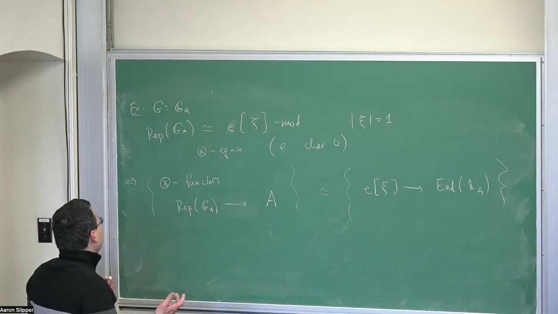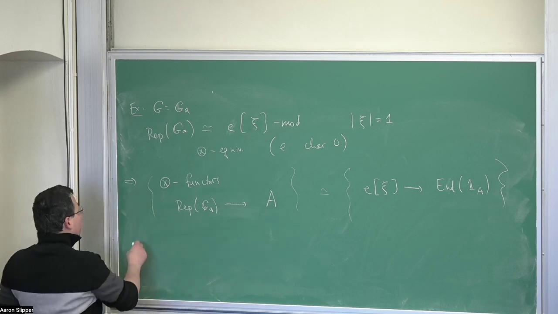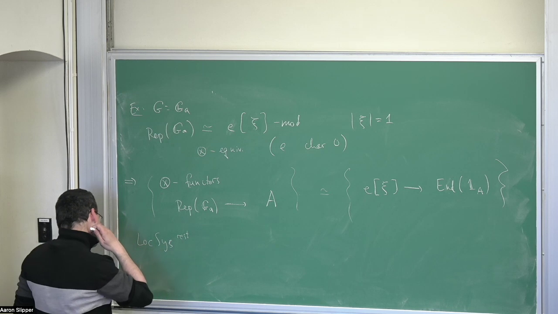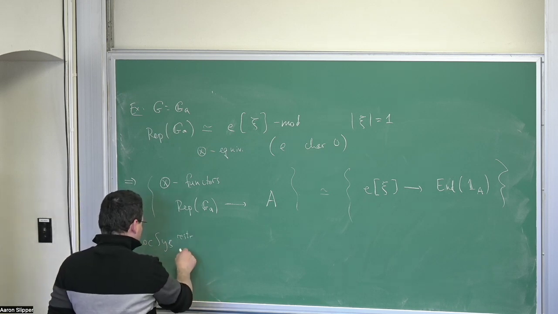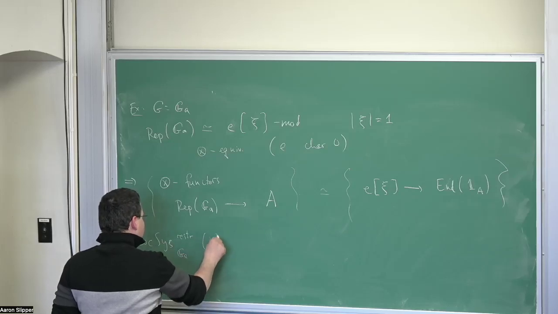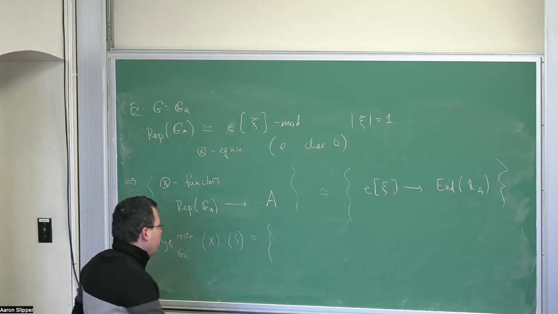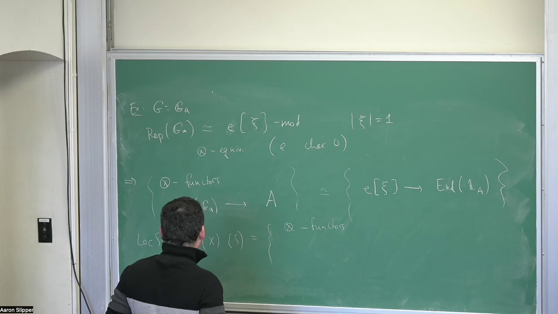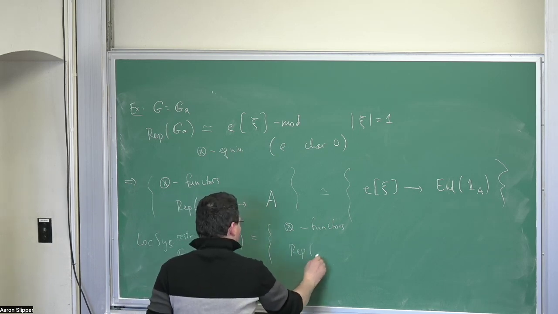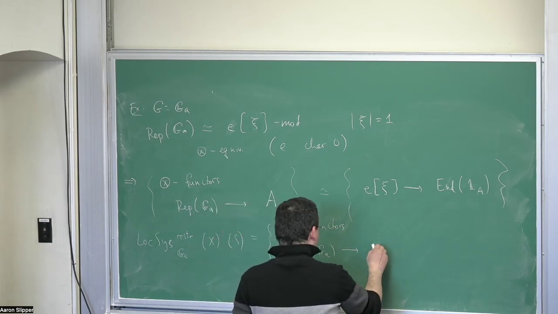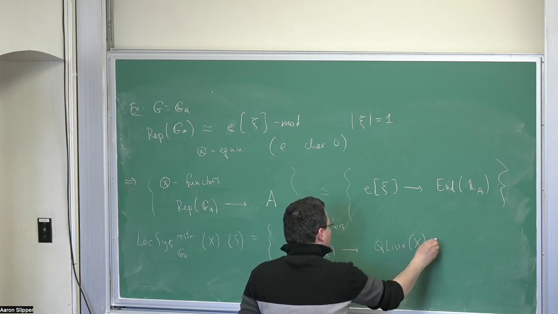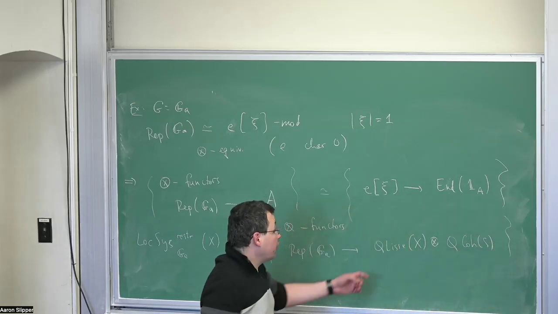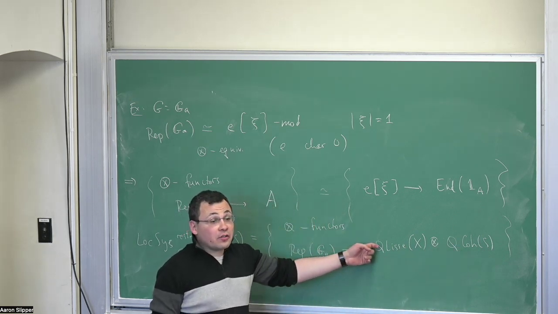Let's apply it to restricted local systems on X. This by definition is tensor functors from the representations into QCoh of X tensor E. Importantly, the unit here is connective, and that guarantees that all such tensor functors are right t-exact.